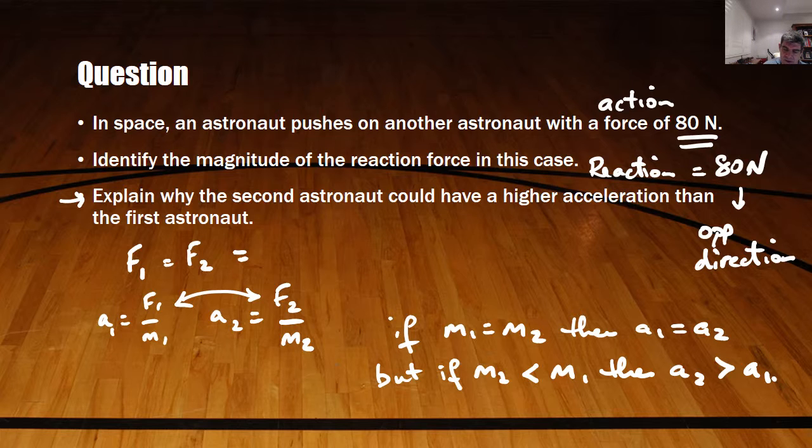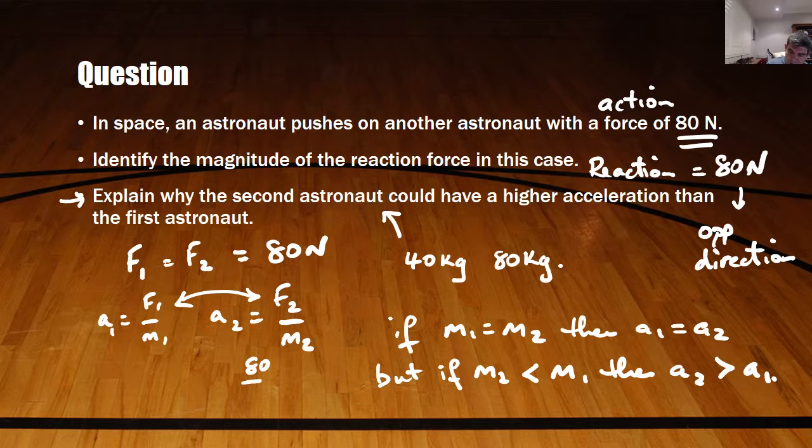So if we said this was 80 newtons, and the second astronaut was 40 kilograms and the first astronaut was 80 kilograms, to make our numbers nice and easy, then the second astronaut is getting 80 over 40, which is 2 meters per second squared, whereas the first one is going to be 80 over 80, which is 1 meter per second squared.